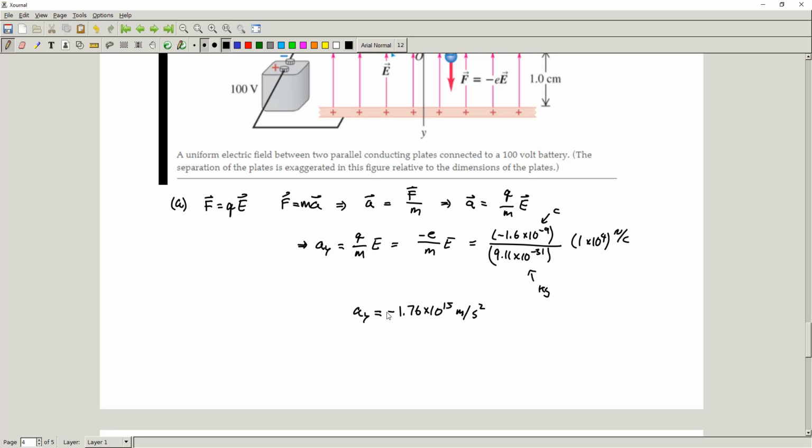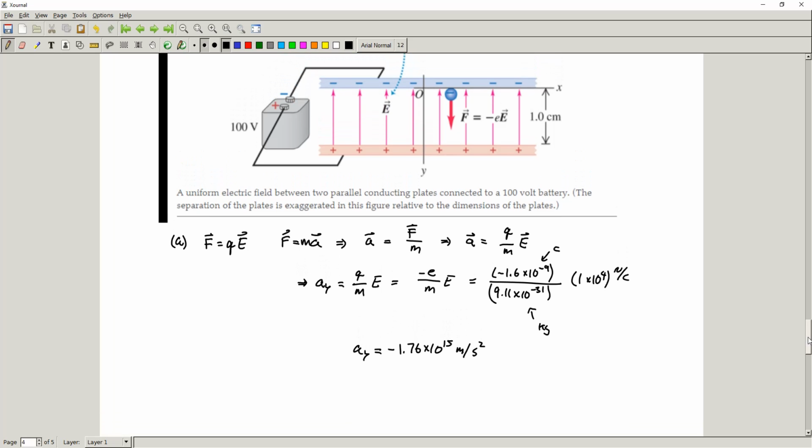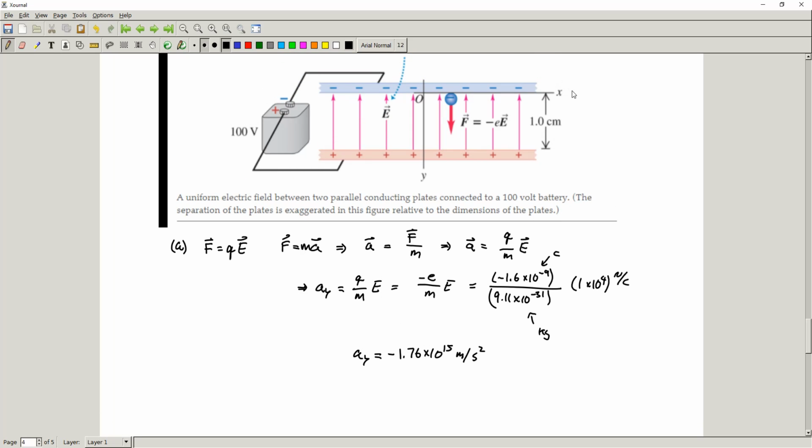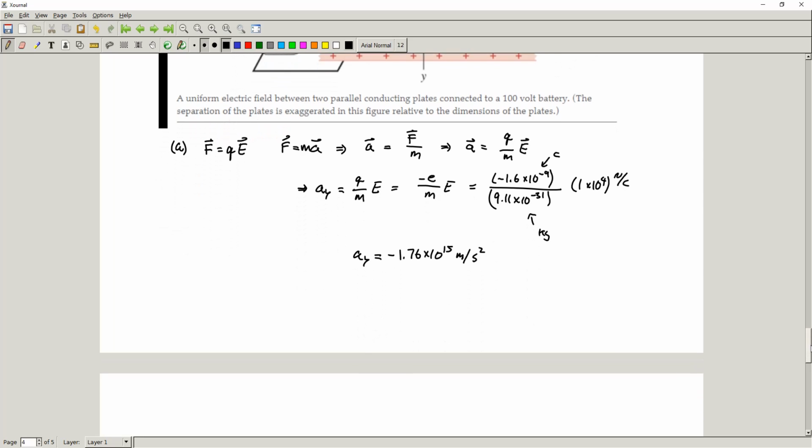Okay, so in part B, I believe we're looking for the velocity that this charge is going to have when it gets to the bottom here. So I'm going to set this bottom part of the top plate as my y equals 0. Okay, so this is y equals 0 here, and then we can do this calculation.